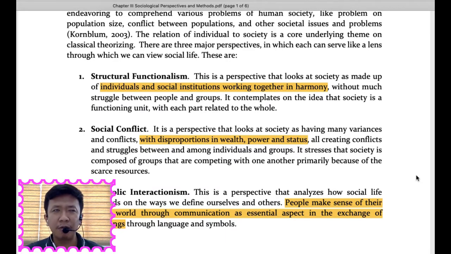But in general, ano nga ba yung structural functionalism? The word itself is structure, no? At lahat ng struktura or patterns of interaction sa lipunan ay may function. Like for example, yung pattern of interaction between teachers and students, may function yan.